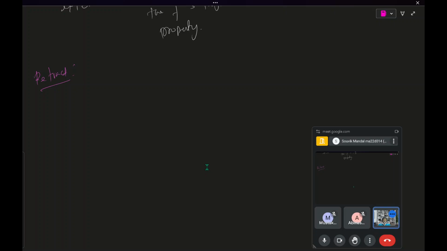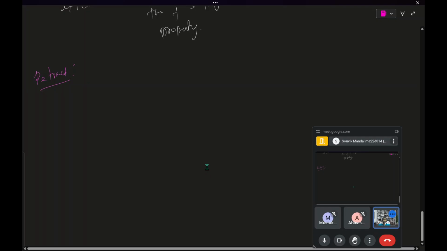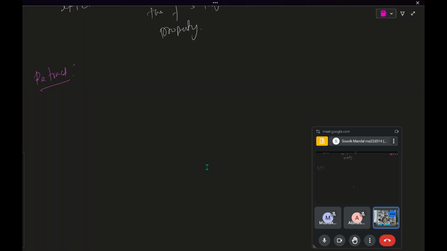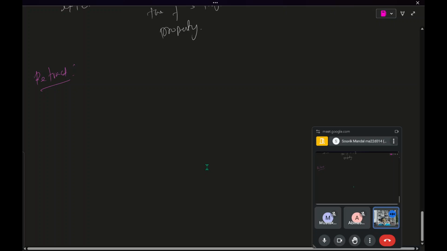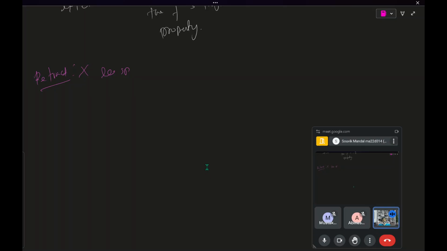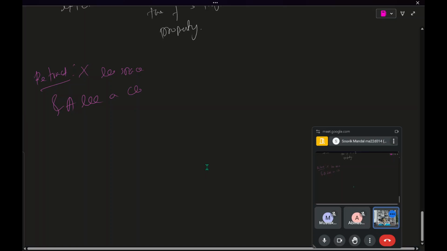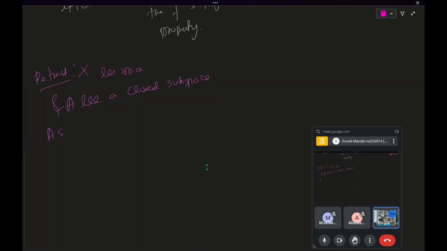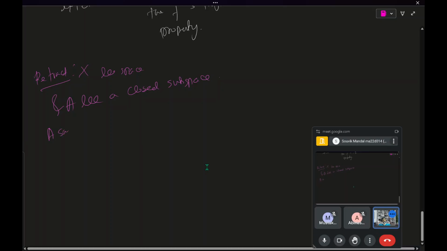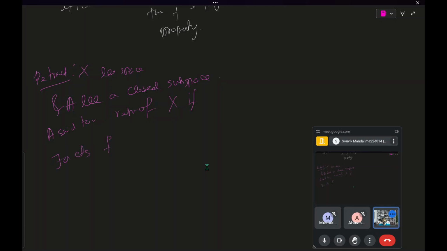Now, what is a retract? Let X be a space and A be a closed subspace. Then A is said to be a retract of X if there is a continuous function R from X to A such that R restricted to A is equal to the identity of A. Okay?